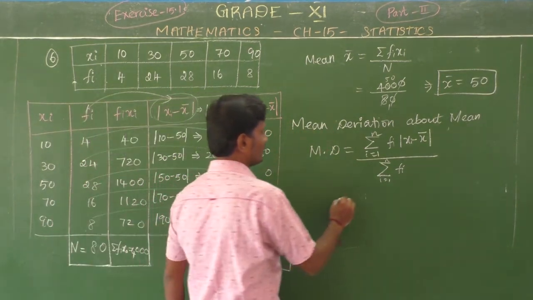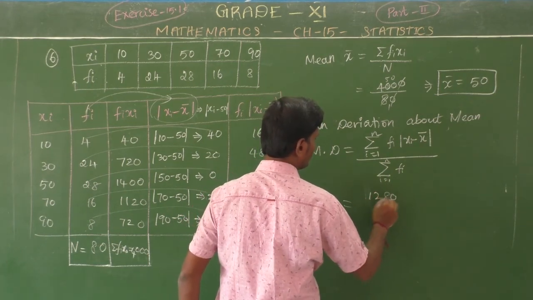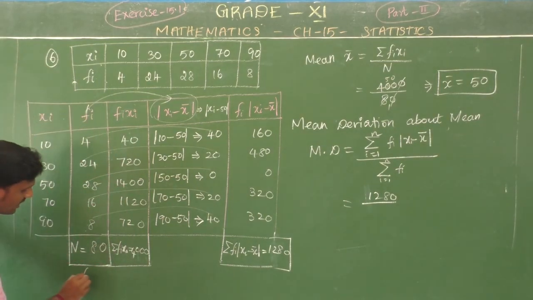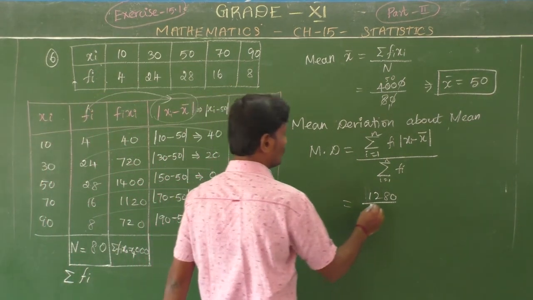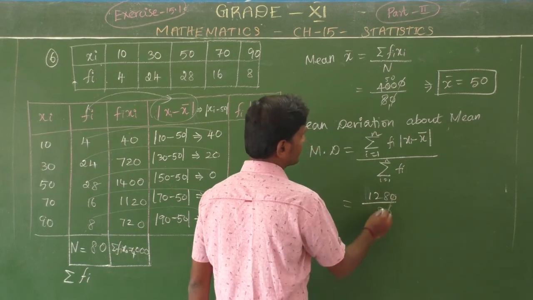Now what's the MD? That is the summation value 1280 divided by the total n, summation fi, 1280 by 80. So 0 0 cancel.